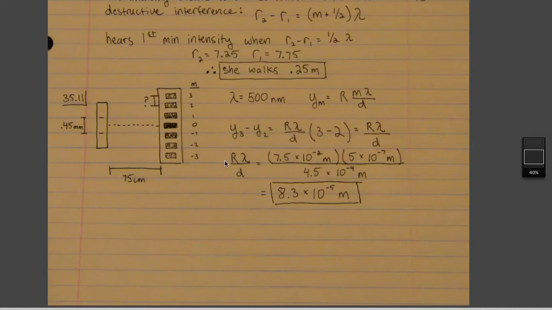The question reads, two slits spaced 0.45 millimeters apart are placed 75 centimeters from a screen. What is the distance between the second and third dark lines of the interference pattern on the screen when the slits are illuminated with coherent light with a wavelength of 500 nanometers?